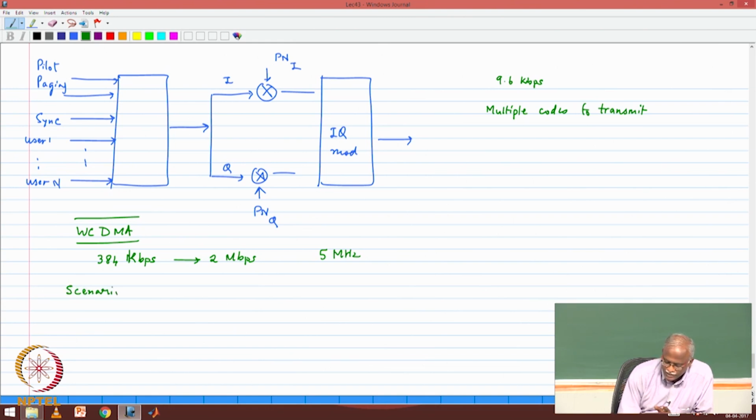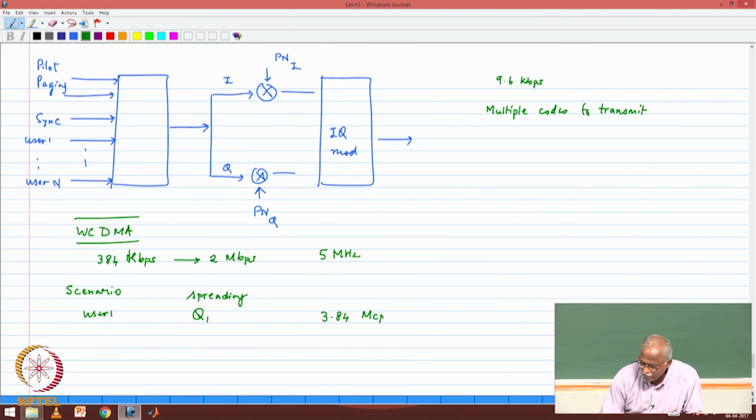I have the following scenario. I have user 1, and he's been given a spreading code Q1, and it has to reach 3.84 megachips per second. Remember, all these signals before transmission must be at the same chip rate. So user 1, Q1, and therefore you can conclude what is the rate of user 1.